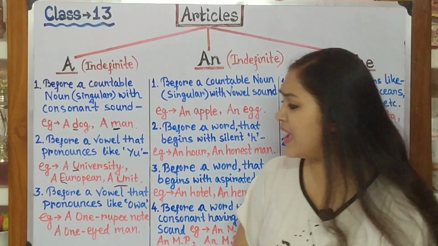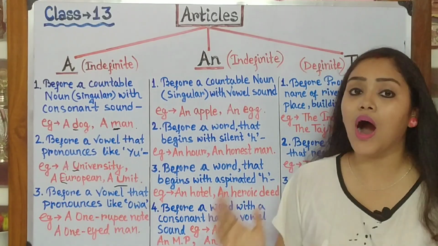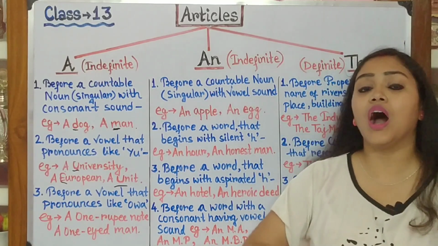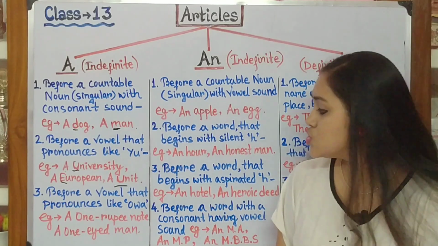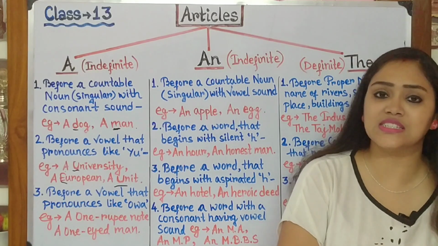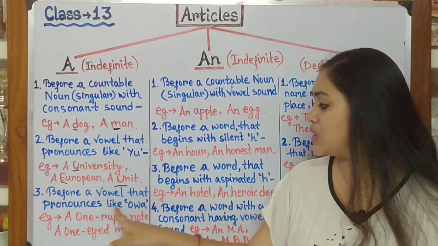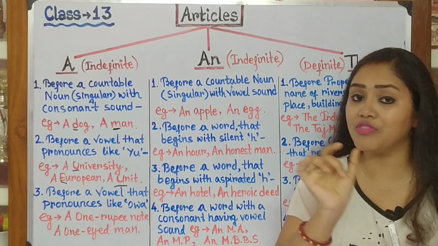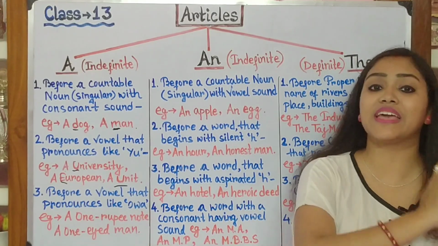Clear? Next, rule number 3: before a vowel that is pronounced like wa. So we use a before a vowel which is pronounced like wa. In general we know that a is used before a consonant only. But when the first part of the word is pronounced like yu or wa, then we use a before it.